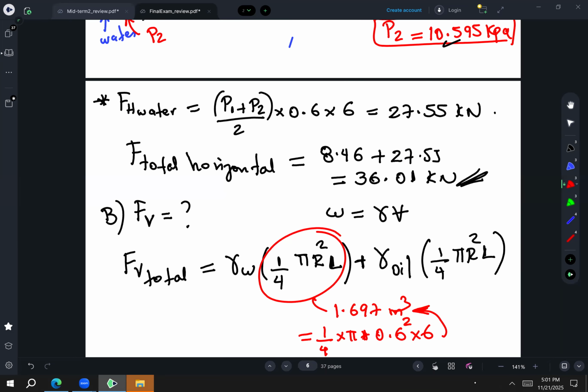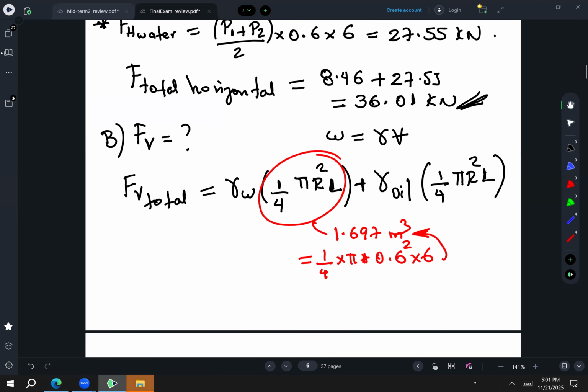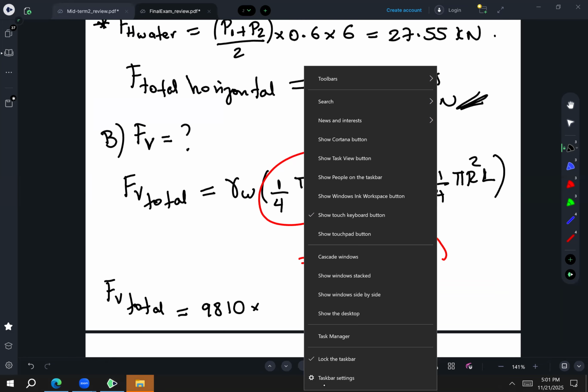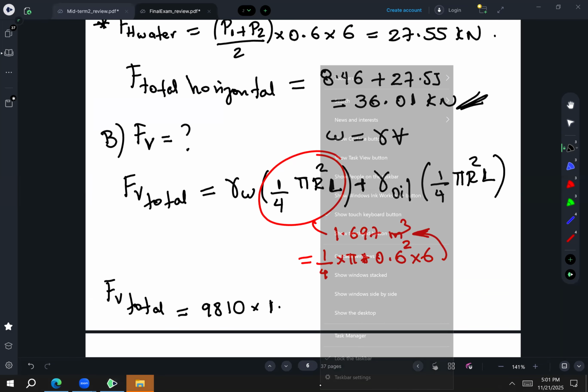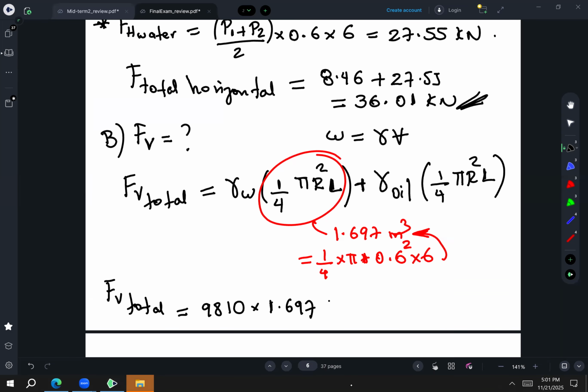And then I can simply do the following. Then the vertical force total will be equal to 9,810 times 1.697 plus gamma of oil, which will be 0.8 times 9,810 times 1.697.